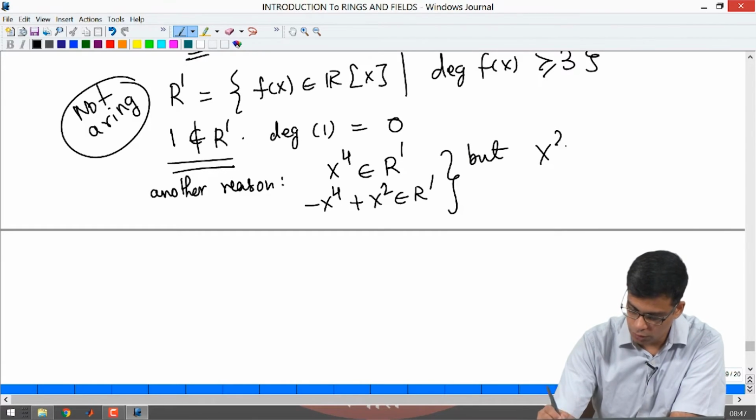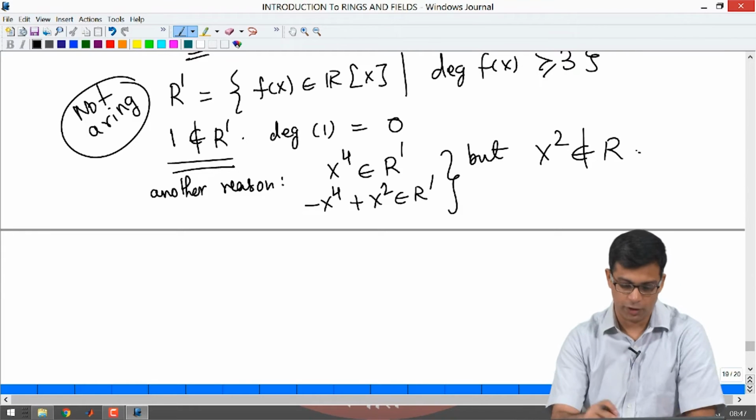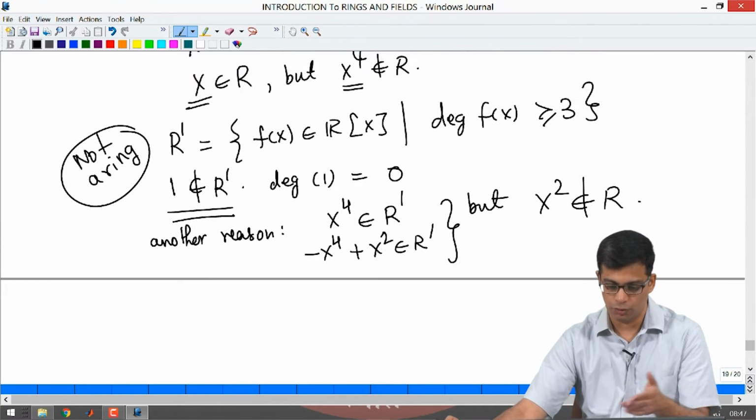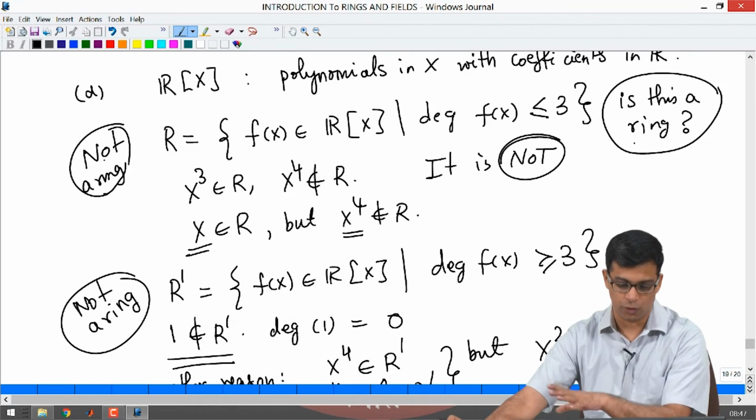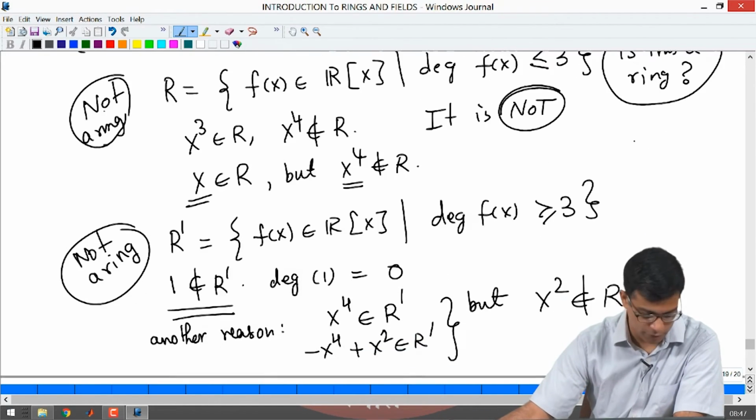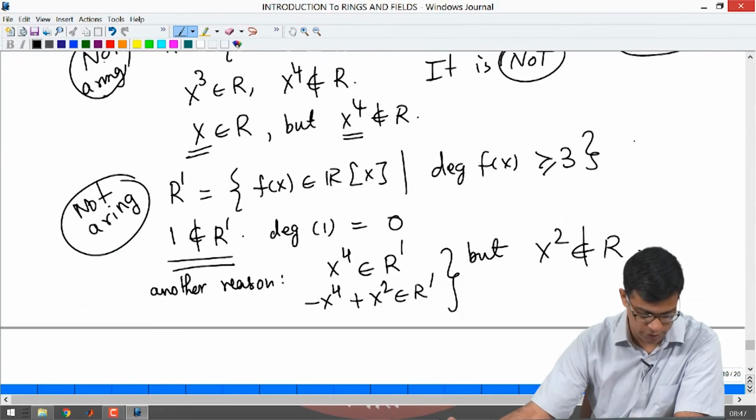If you add these two, you get x squared, which is not in R prime. So, you see that it is not closed under addition also. So, it is not a ring. So, if you just arbitrarily say degree is at most something or at least something, it is not a ring. Okay, let us look at 2 more examples.